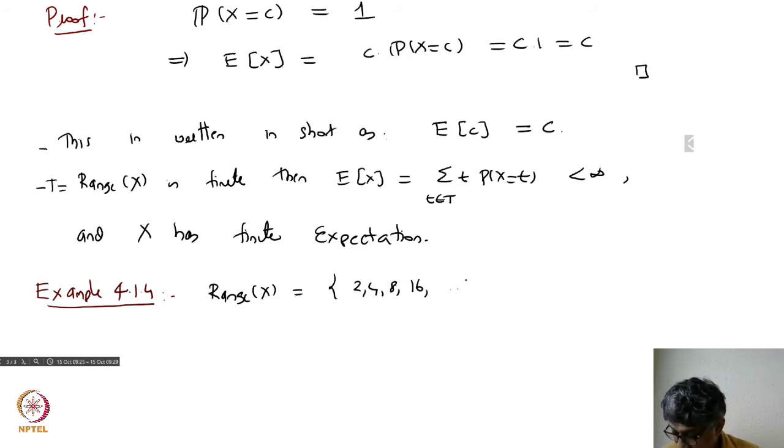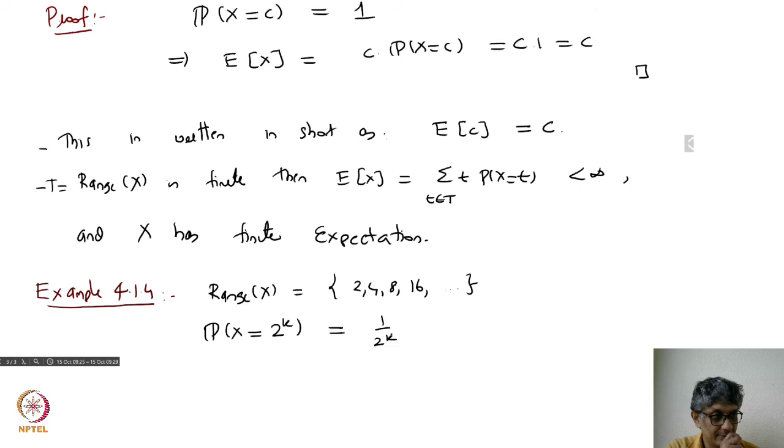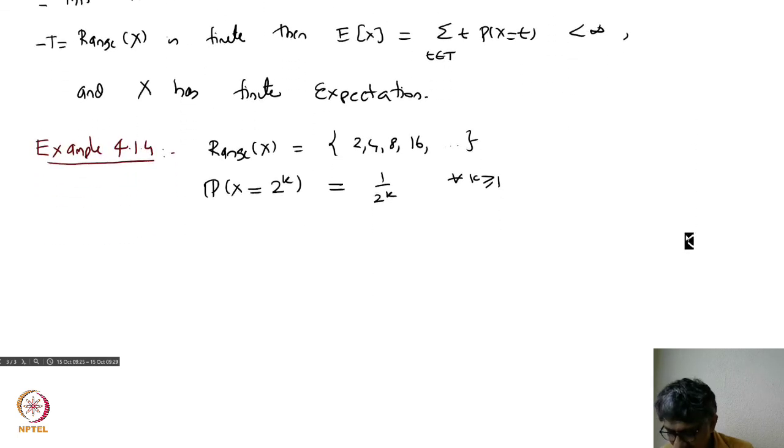Let's say the probability mass function is: X equal to 2 to the power K has probability 1 over 2 to the power K, for all K. So it's clear that this is a probability distribution.